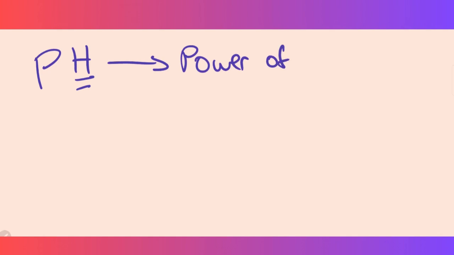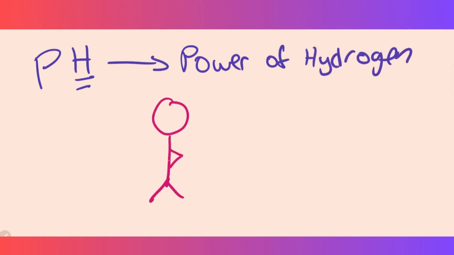pH is also very important to consider when working with your acids and your bases. And here pH represents the power of hydrogen. Like I said, hydrogen is a very powerful little molecule. pH can also assist us in determining the strength of each of our solutions that we're working with.